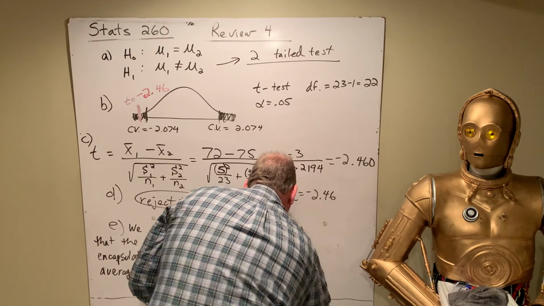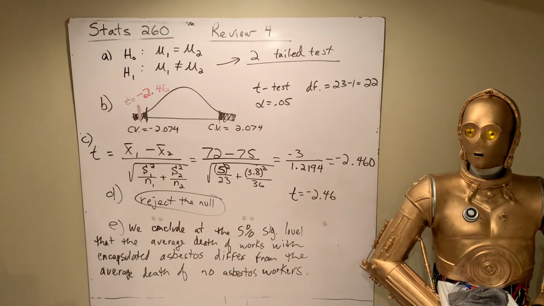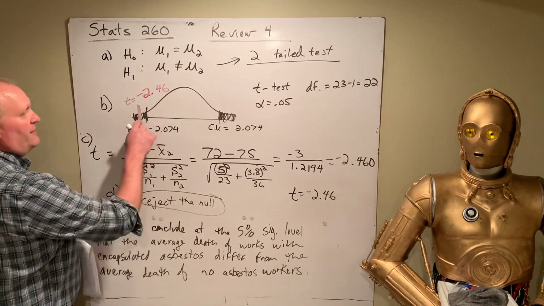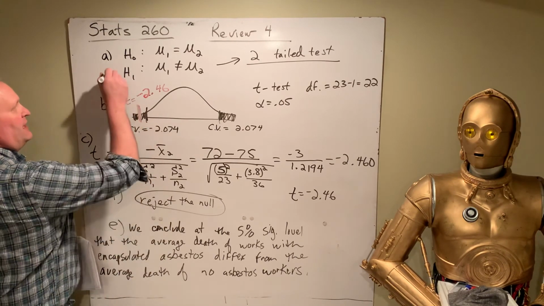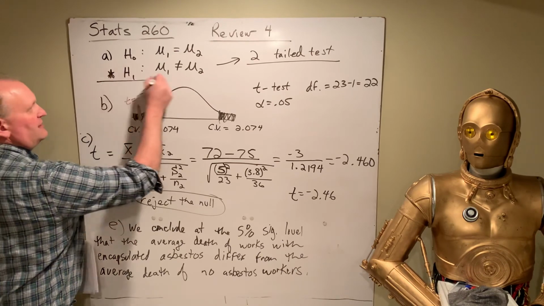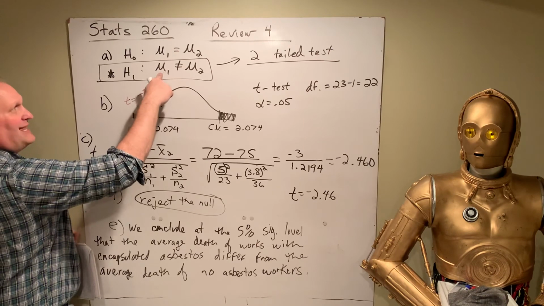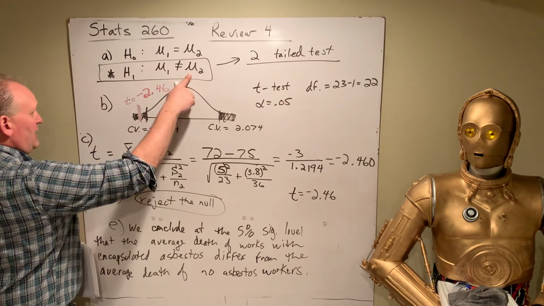I know I'm not great at writing up conclusions, but you need the context of the problem. What were we comparing? Because this was this shaded area, we went with this. And basically, we're saying the mean age of death is different from the mean age of the other thing.